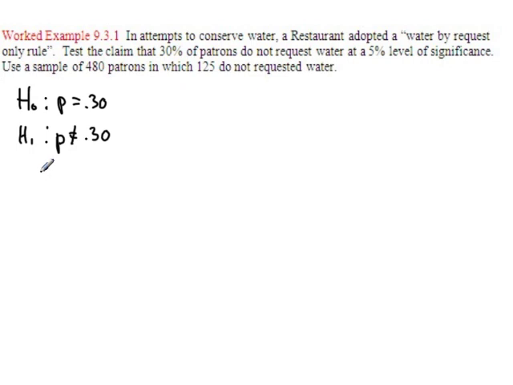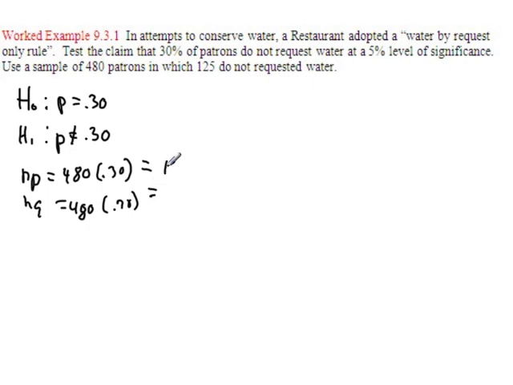But first we have to say that we know that for any proportion problem we have to verify np and nq are greater than or equal to 5, so that's 480 times 0.3 and 480 times its complement, 0.70, and multiplying each of these out gives us 144 and 336.